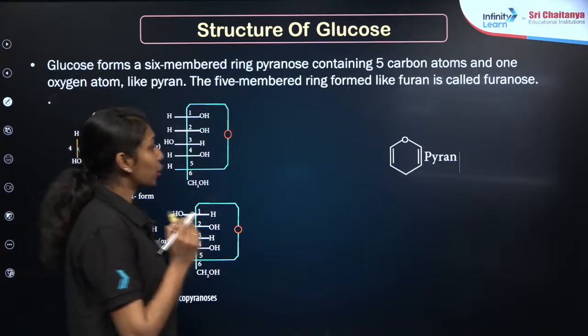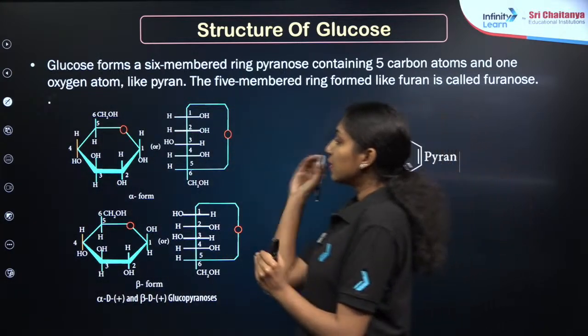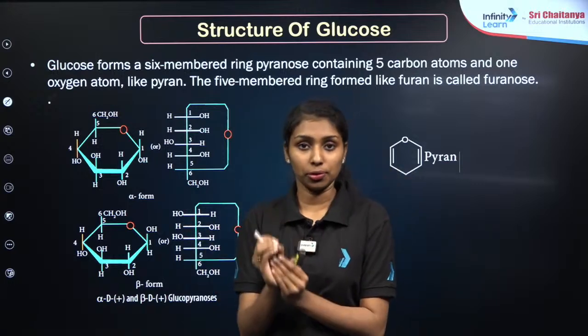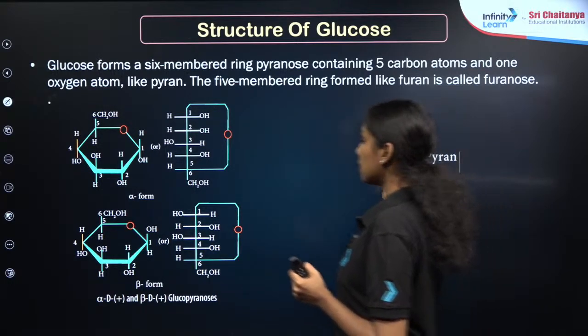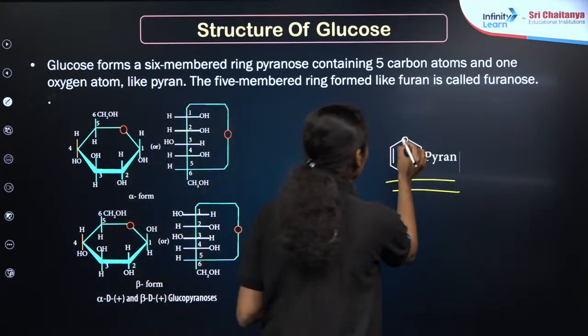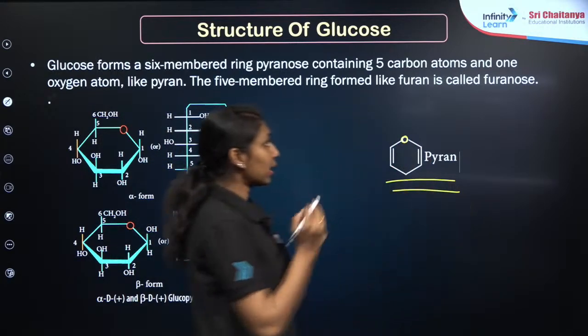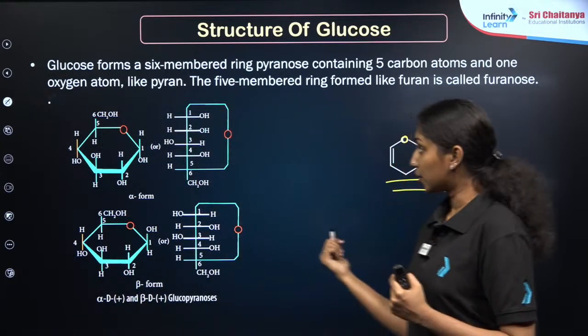So finally we are introducing the cyclic structure of glucose. The cyclic structure of glucose has a similarity with pyran. This is pyran, a cyclic compound having an oxygen atom present here. So we can compare the cyclic structure of glucose with the pyran group.